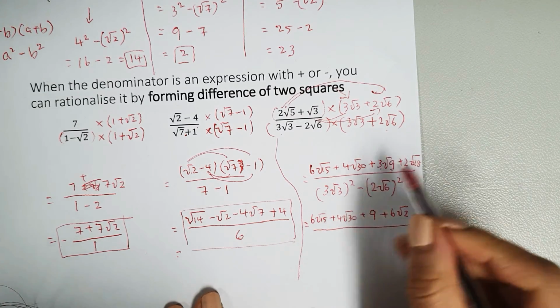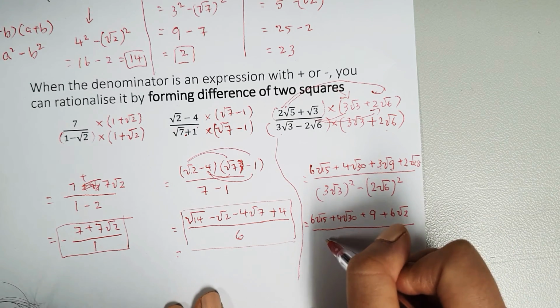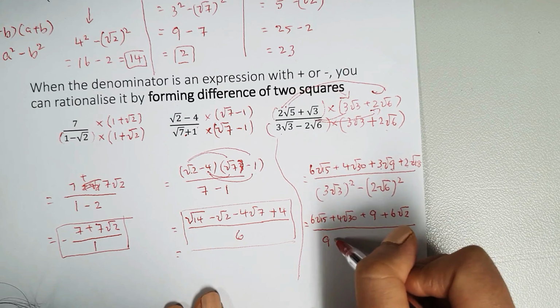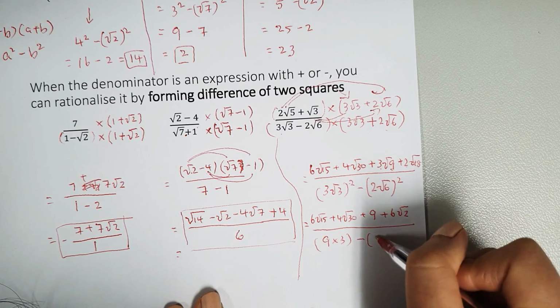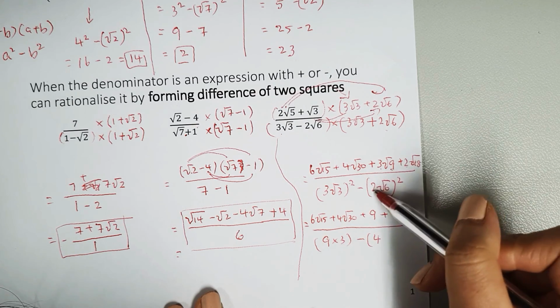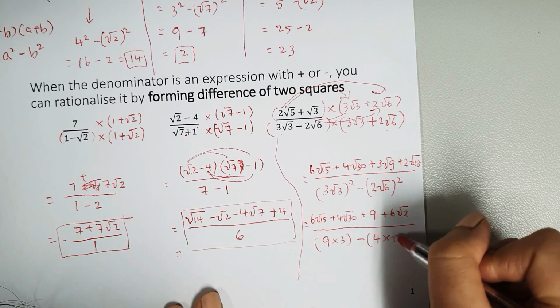And at the bottom, we've got 3 squared, which is 9. Root 3 squared is 3. And over here, we've got 2 squared is 4, and root 6 squared is 6.